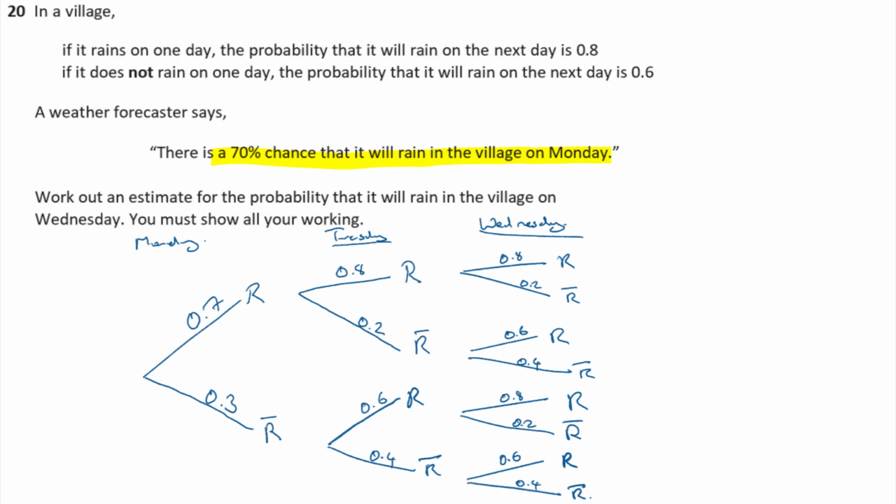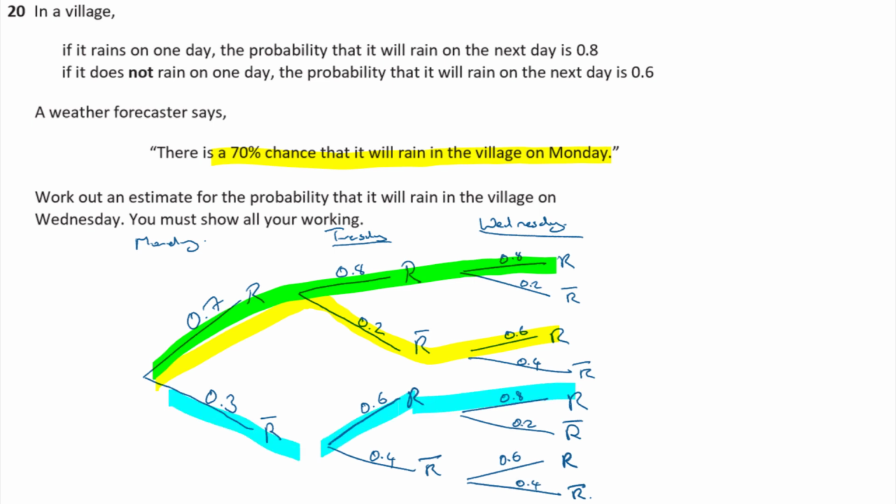Okay, so which routes are rain on Wednesday? Rain on Wednesday is rain, rain, rain, or it's rain, not rain, rain, or could be not rain, rain, rain, or it could be not rain, not rain, rain. Okay, so there's four possible outcomes that end up with it raining on Wednesday.